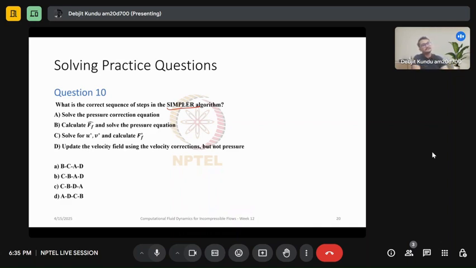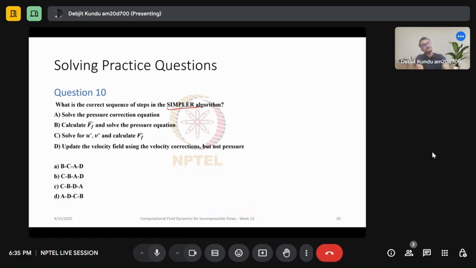Once again, the steps are: step A, solve the pressure correction equation; step B, calculate u hat, v hat and solve the pressure equation; step C, solve for u star, v star and calculate the convergence measure; and step D, update the velocity field using the velocity corrections but not pressure.